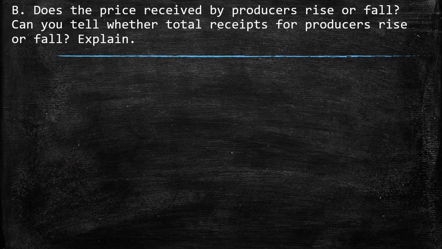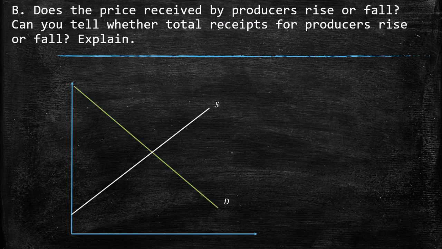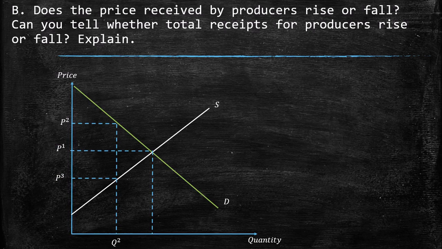So part B says, does the price received by producers rise or fall? Can you tell whether total receipts for producers rise or fall? Explain. So here we have again our case in our free market, and here we have now the case with the taxes. With the tax we figure out that P3 is lower than P1.